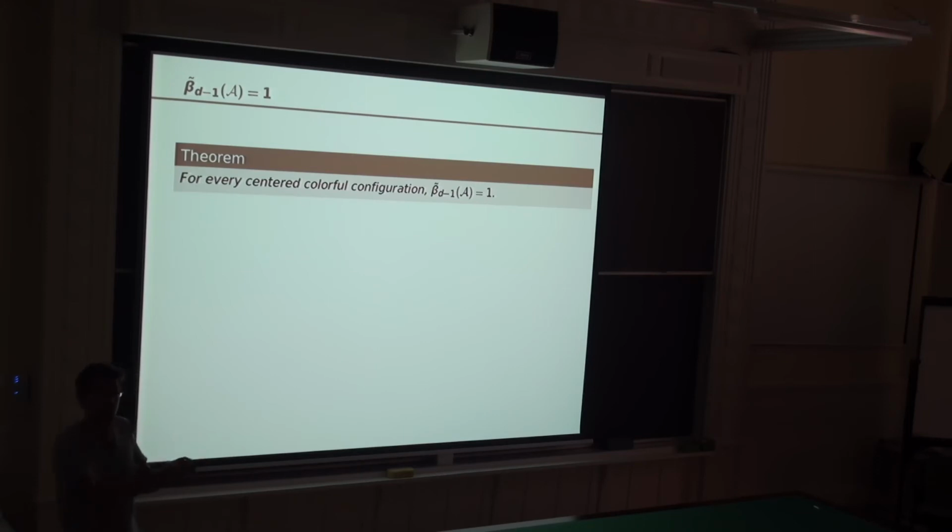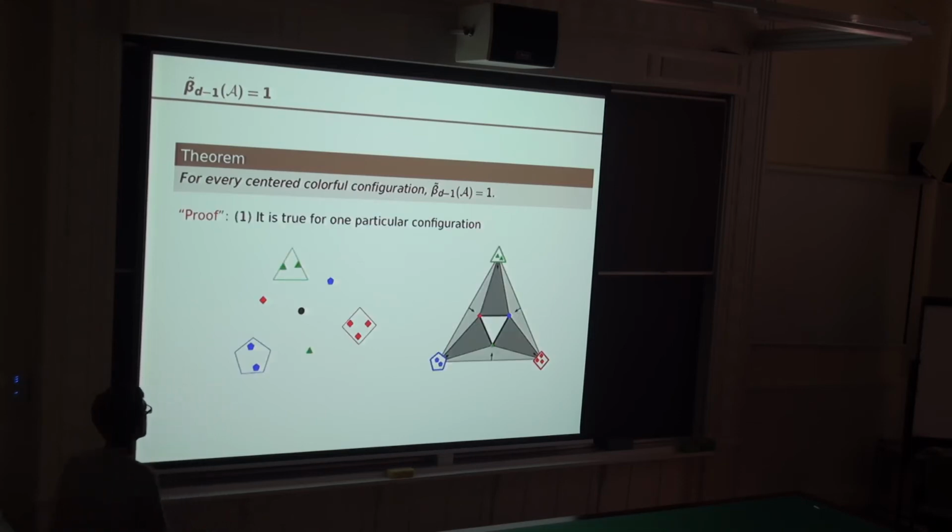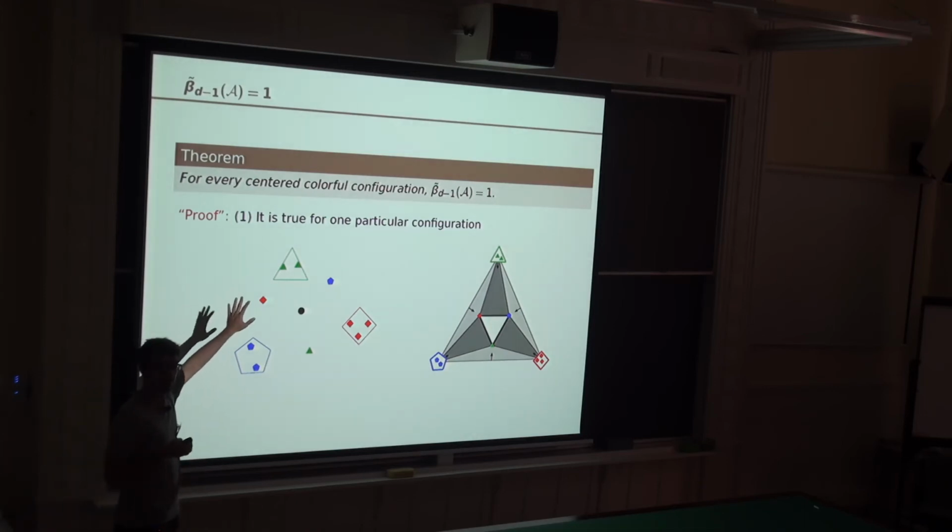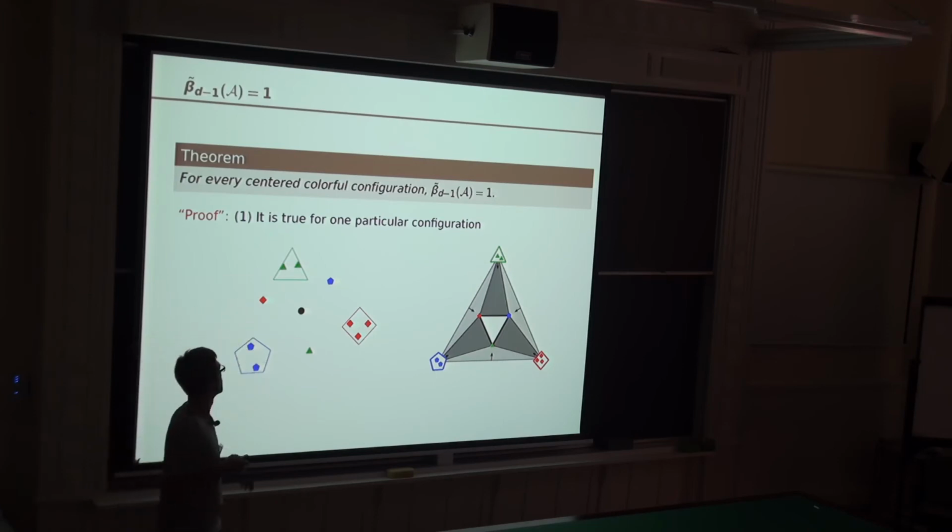So this is already giving me one cycle of dimension d minus 1, and where it is more difficult is showing that there is only one. And to prove it, we prove two things. So first, we prove it for our favorite configuration, which was the one I showed you before. So let's try to work it out.